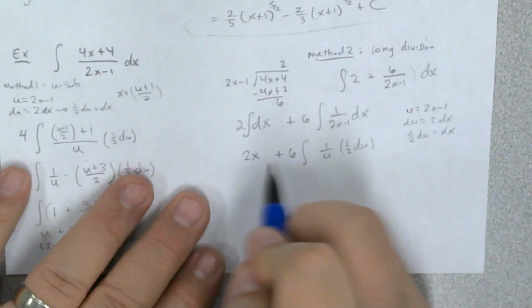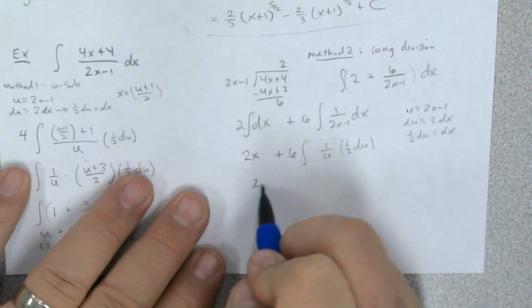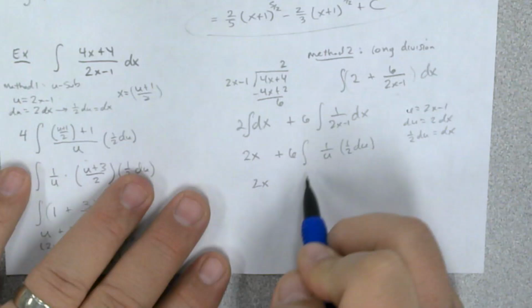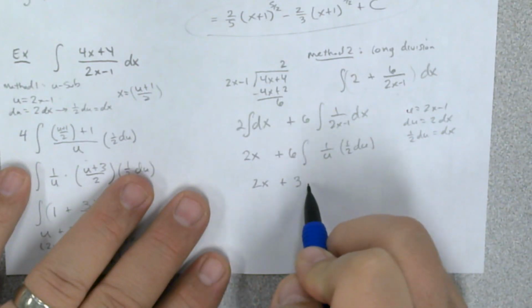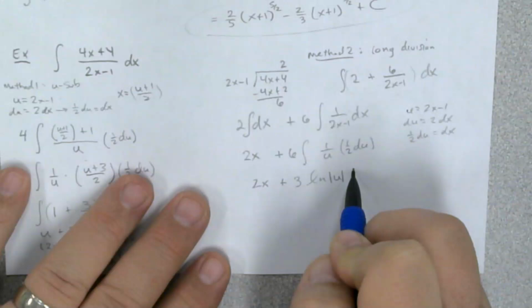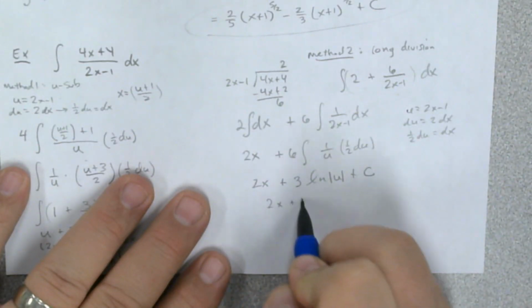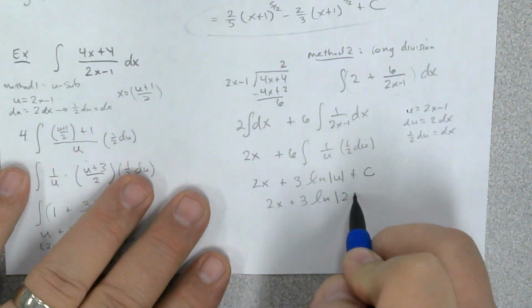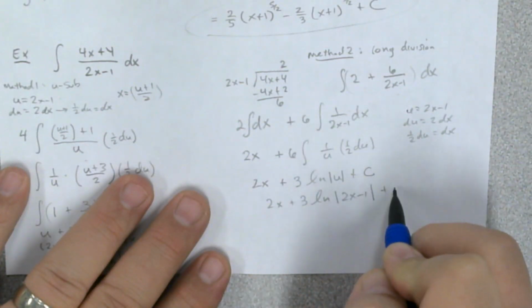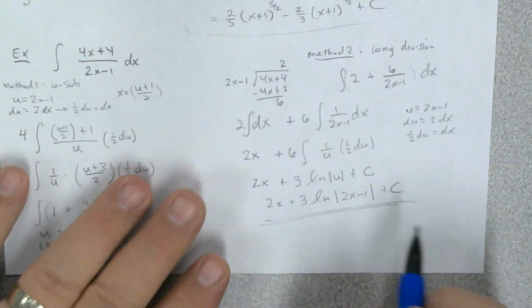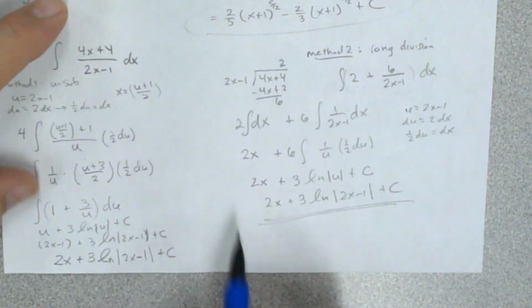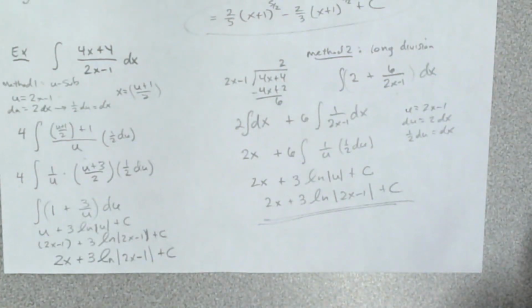So don't put u's and x's together. This is really kind of bad form here, but it makes it easier to do. This will be 3 times the natural log of u plus a constant, and then replace that back. 2x plus 3 natural log of 2x minus 1 plus a constant, and you can see then I have the exact same answer both ways.